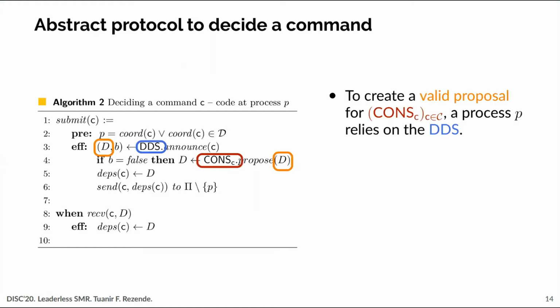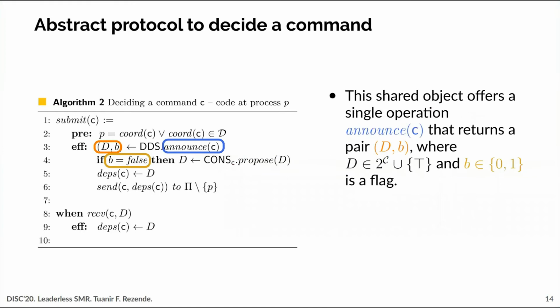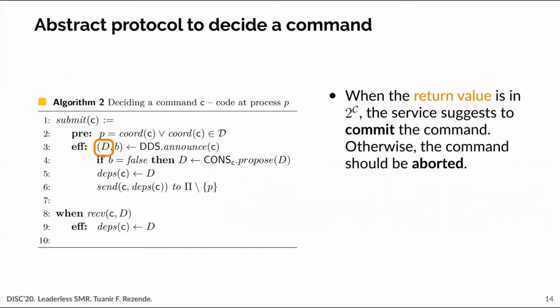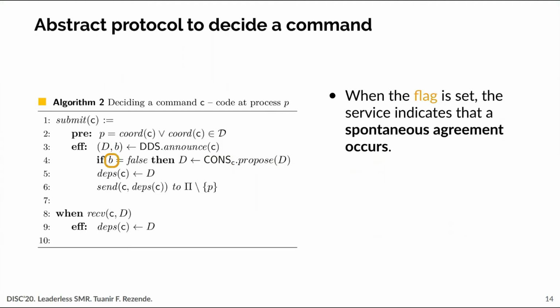To create a valid proposal for the consensus service, a process P relies on the DDS service. This shared object offers a single operation announce that returns a pair D and B and a flag. When the return value is in the power set of commands, the service suggests to commit the command. Otherwise, the command should be aborted. When the flag is set, the service indicates that a spontaneous agreement occurs.